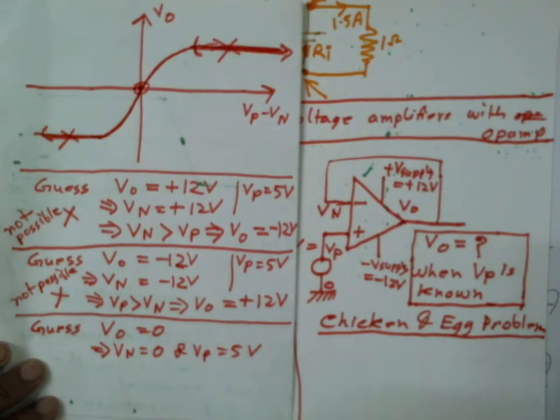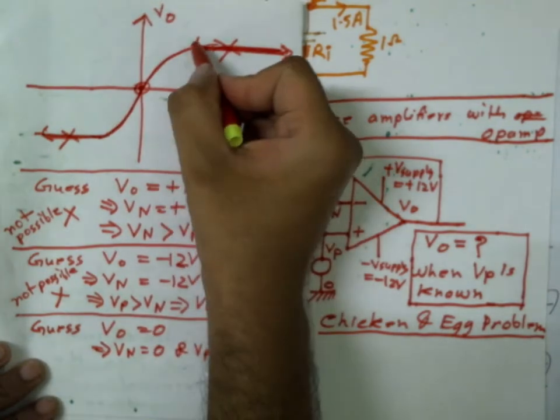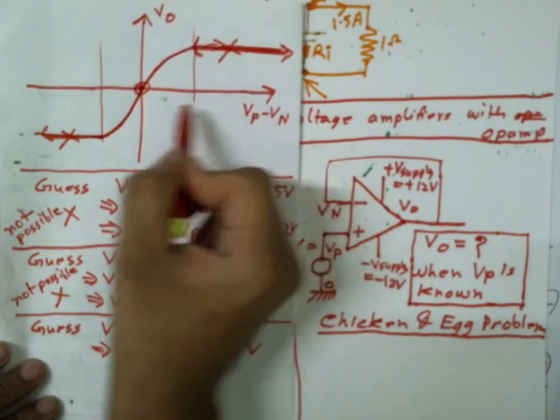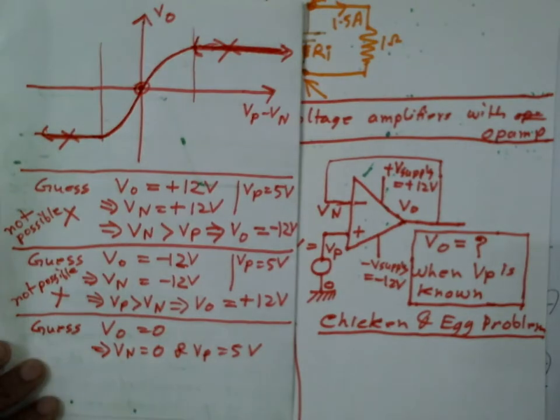Now there is a question: is Vp sufficiently higher than Vn? I mean, are we here or are we inside this region?